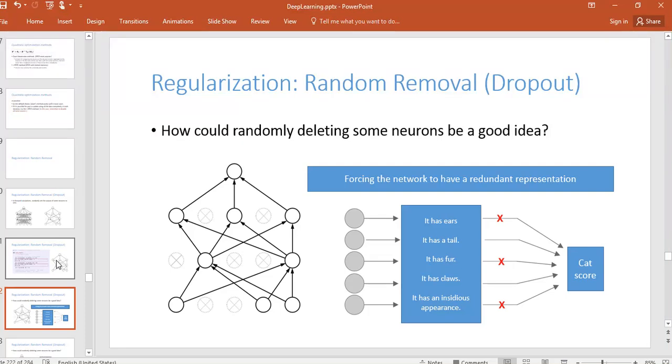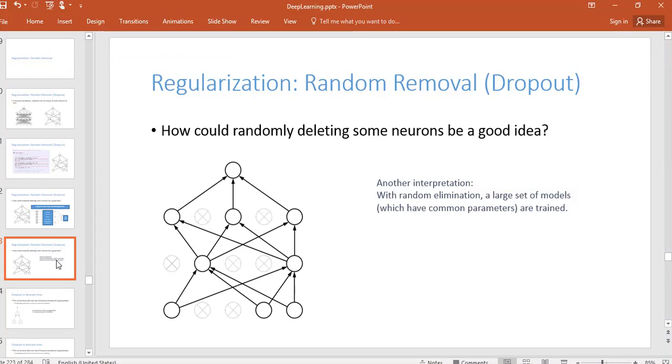For example, in the last hidden layer, there may be a neuron that determines whether the image has ears or not. Now, when we randomly set the outputs to 0, we are telling the network that you don't have to have all the features to be able to recognize the right classes. In fact, we eliminate the dependence on a single feature for a classification and increase the ability to generalize.